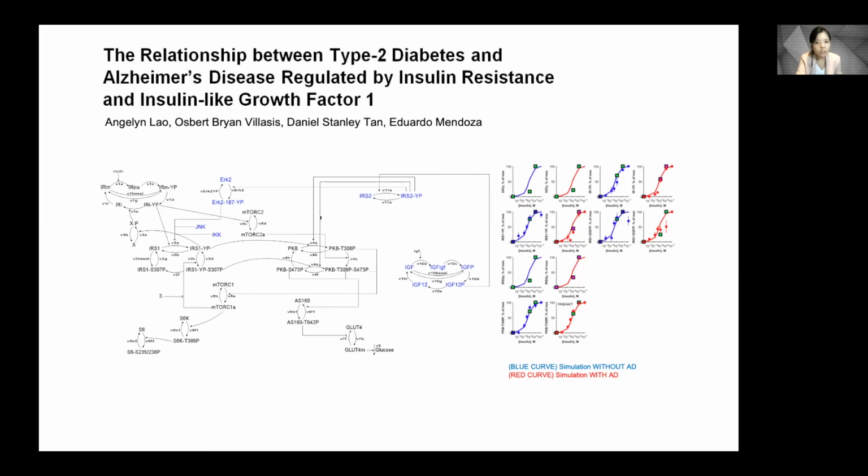And insulin resistance also leads to A beta plaques, which we showed here. In this model, we consider factors or markers like JNK, IKK beta, and ERK2, which are hypothesized to be contributory factors to the development of Alzheimer's disease.